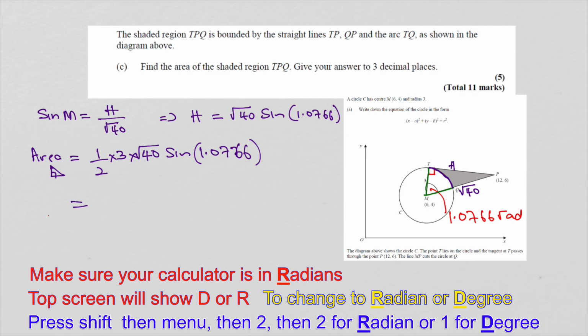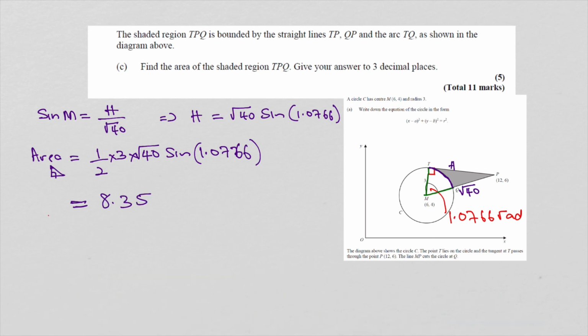So you have to make sure your calculator is in radians. If it's not, look at the top of the screen. You will see the R. If there's no R there, you need to change it by going to Shift menu, 2 for angle unit, and then 2 for radians. You'll see R there. Then you can plug those values in and do your calculation. After plugging those values in, you should get 8.352. So that will be the area of the triangle.